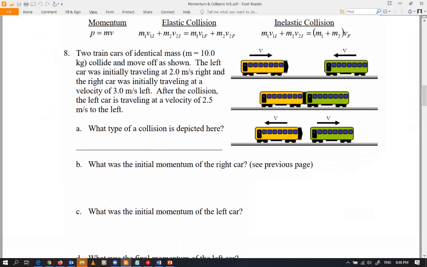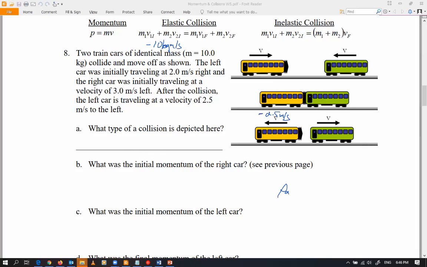So we just said that the net for the beginning in terms of this elastic collision is going to be, let's see, -30 and positive 20. So 20 minus 30 is -10 kilogram meters per second. Now we're on the other side, and we can calculate the momentum for the left car, because we said that it's 2.5 meters per second to the left, and it still has that 10 kilograms.